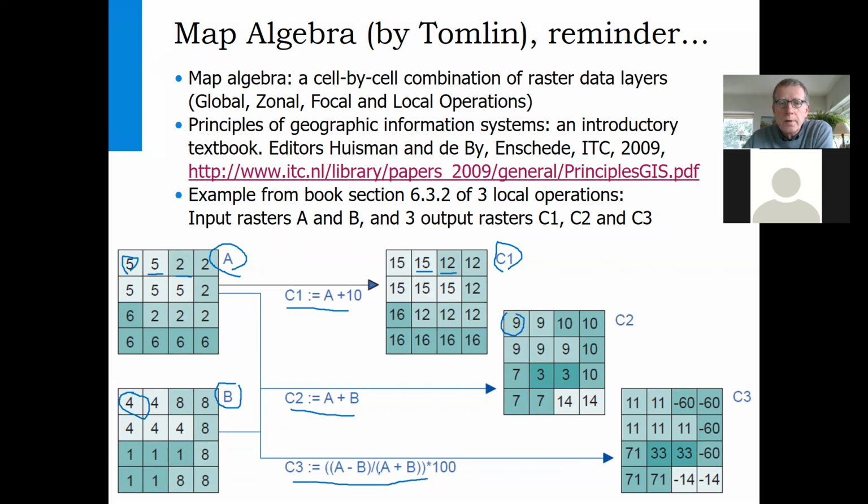A minus B divided by A plus 10. That gives you C3. And there are a number of different types of operations there. This was the local operation. If you want to remember more, go back to Q1 or check this textbook and look at this section.